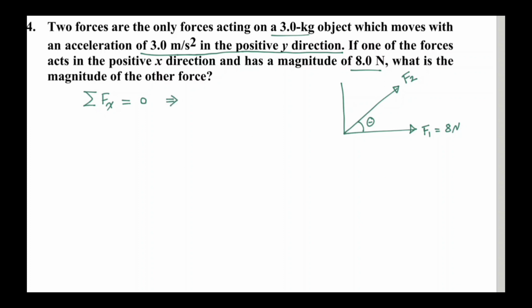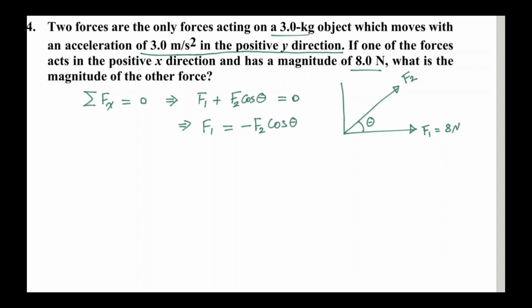So in the x direction we have F1 plus the other force, F2 cosine theta, equal to 0.